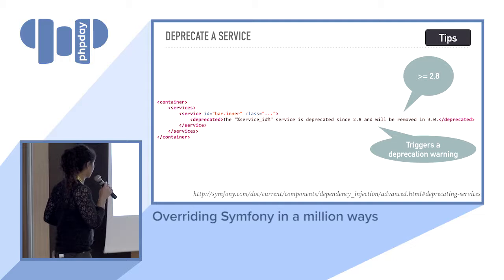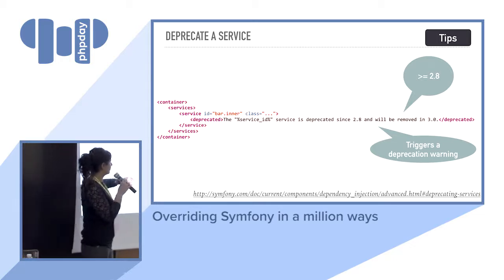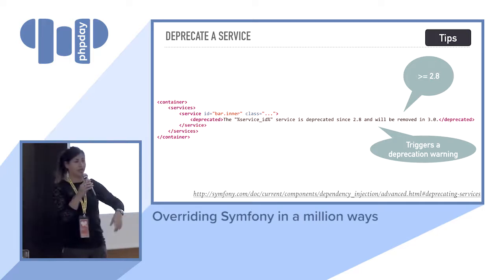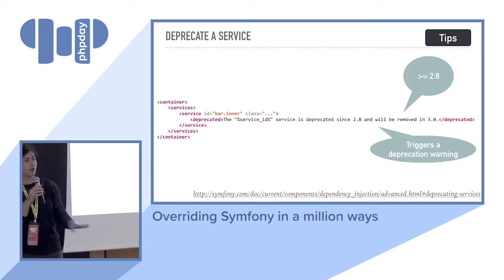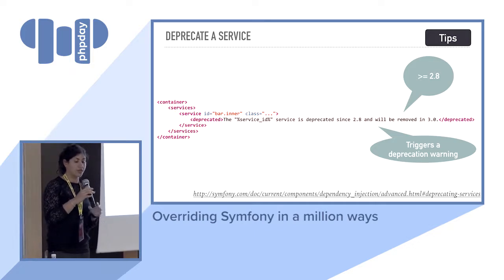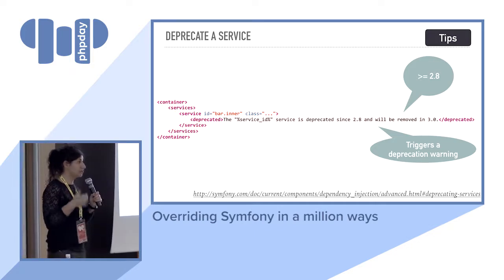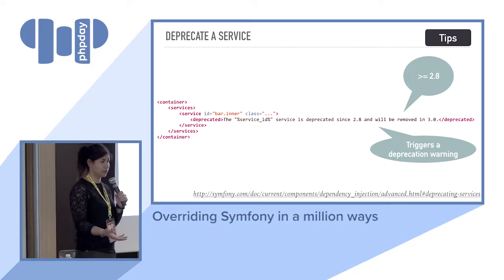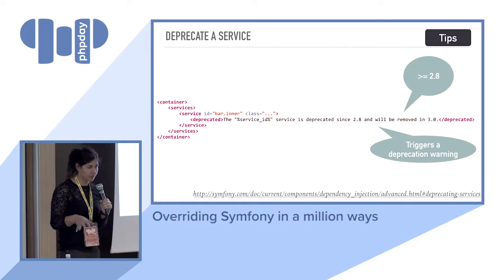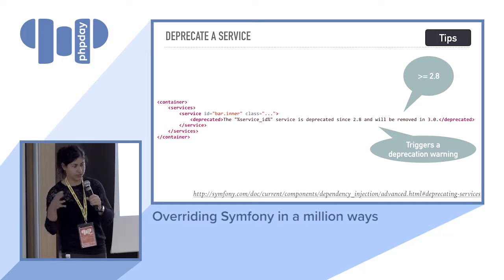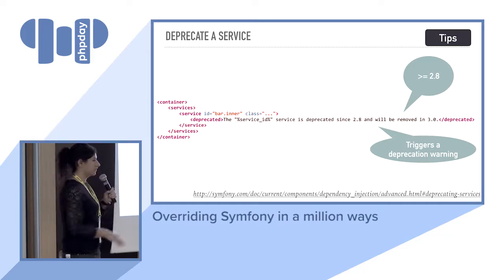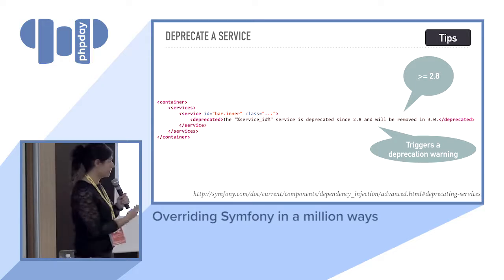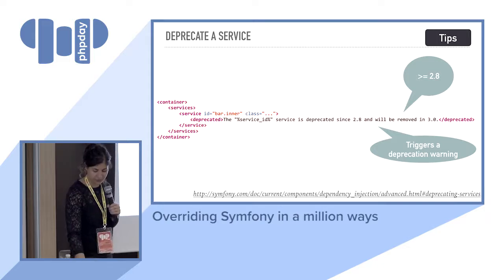And basically, you just say, okay, here is my old service, deprecated, and here is the message I will get in the web debug toolbar with the deprecations. It could be useful if you implement some bundles used by other users than you. In your project with, I don't know, 5 people and you are the only ones to use it, it's overkill, so don't do this. But if you are doing open source or whatever, it could be useful to prepare for the next version.